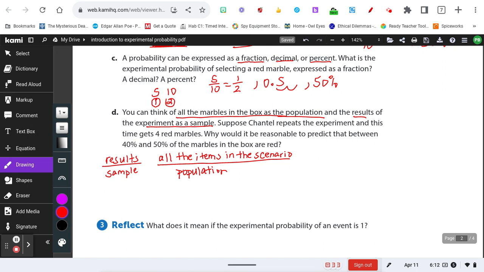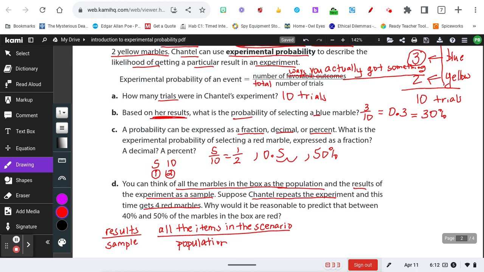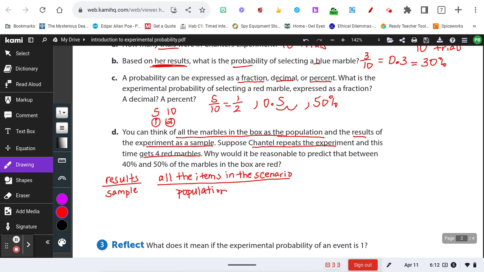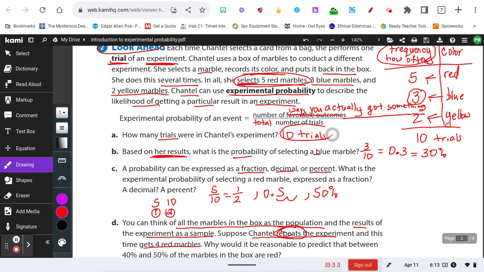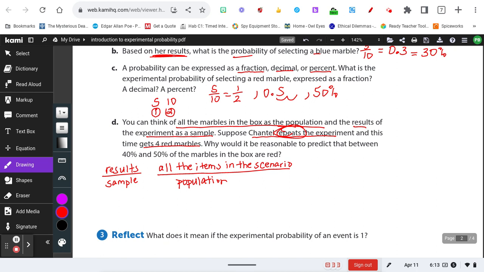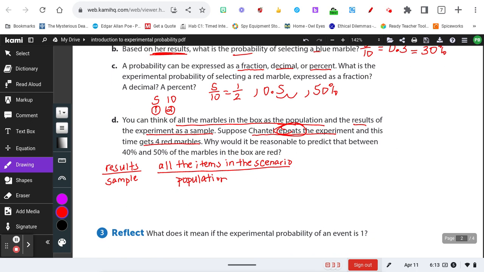All right, it says Chantel repeats the experiment and this time gets 4 red marbles. She's still doing it out of 10, so we're going to pretend like the trials is still 10 trials. Because if she repeats it, she's using the same amount of trials. She's just going to do it again, but this time it's another set of 10 trials. But I don't know how many blue or how many yellow she has. So the blue was a question mark. The yellow is a question mark.